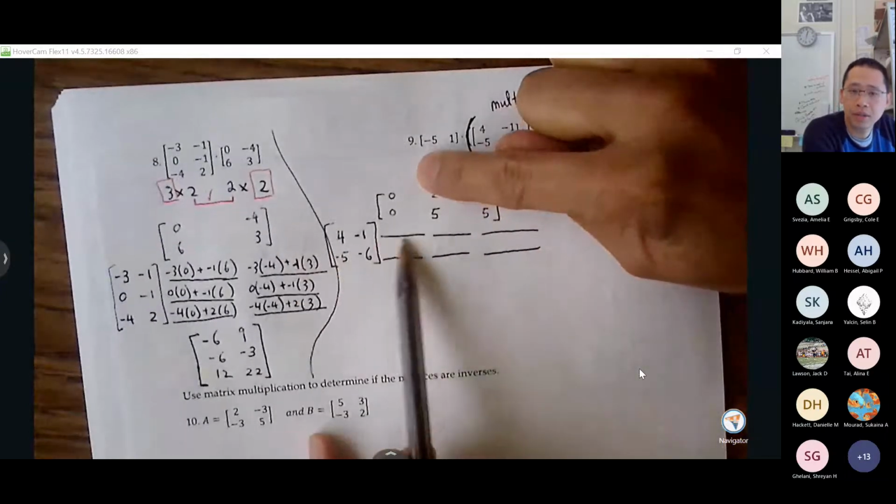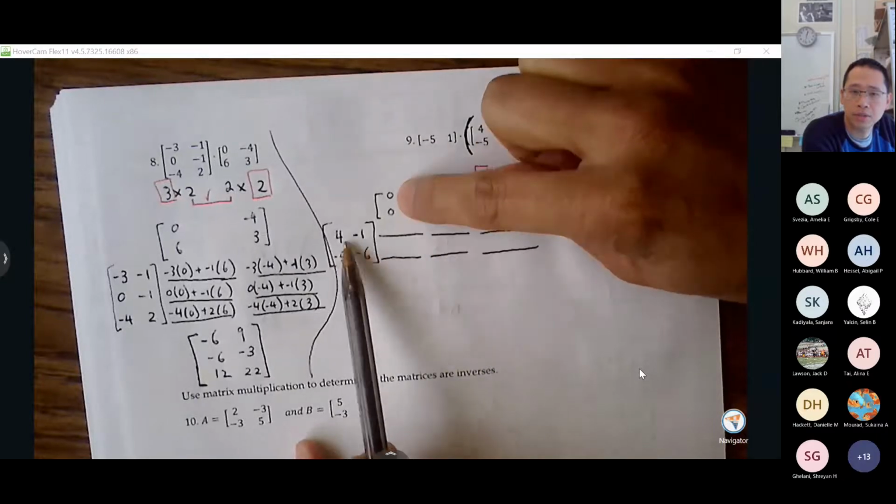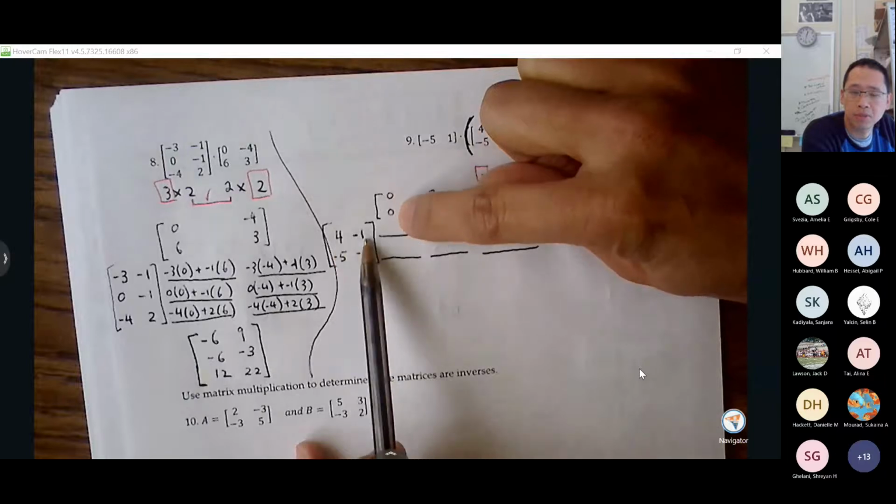I'm ignoring this first matrix and just going to focus on solving my first issue here. To fill in the first row, first column, we'll look at the 4, -1, and the 0, 0. So pair up each number and move on to the next number.